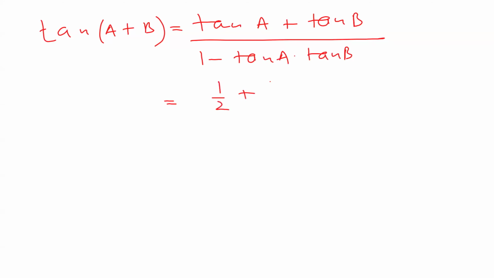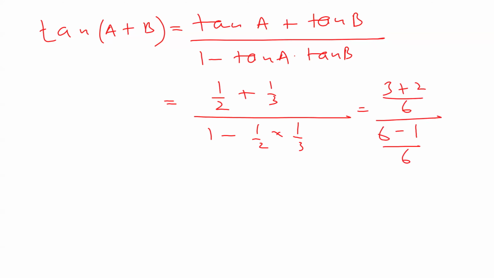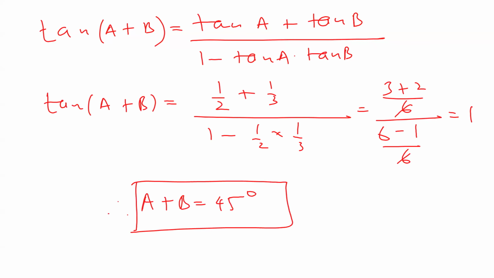So half plus 1 by 3, upon 1 minus half into 1 by 3. So 3 plus 2 upon 6, and this is 6 minus 1 upon 6. So this is 1. Tan A plus B is equal to 1. So A plus B is equal to 45 degrees. Or maybe we should say pi by 4 radians. We got to put the value of A plus B.